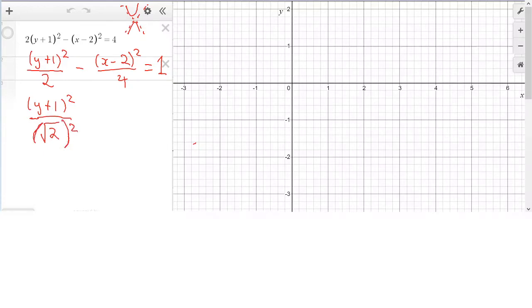So we can write on the bottom there, (√2)², and then with x, I know that 2 squared is 4, so (2)² equals 1. You might want to put that in brackets as well, just because it helps avoid making mistakes. Now, from here, we can get into doing quite a bit of the graph.